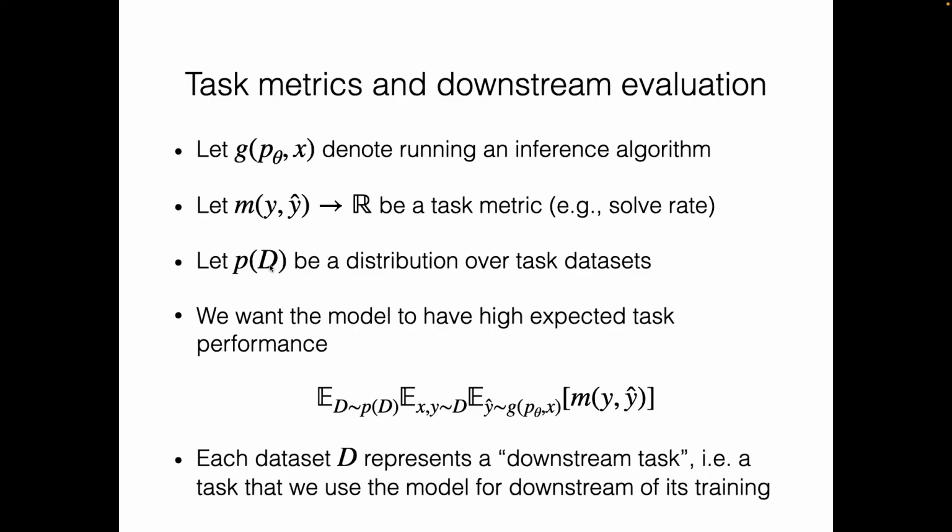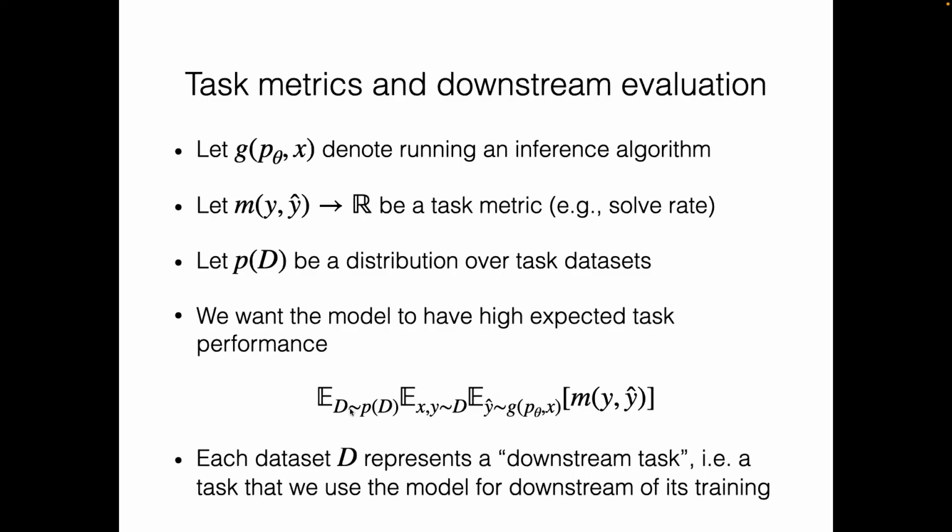Then you can imagine that there are many possible tasks you might perform. Programming problems are one, translation is another, responding to user prompts is another. And maybe you could view these as being some distribution over different potential task data sets. So one way to frame this is that we want the model to have high expected task performance.